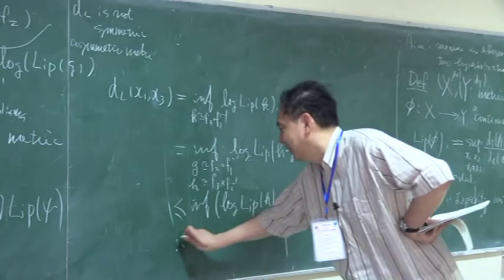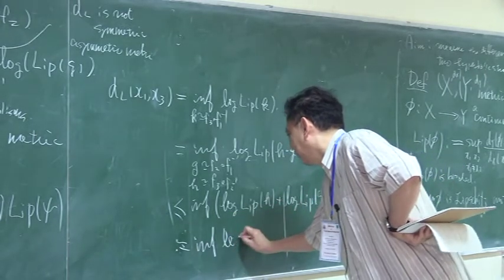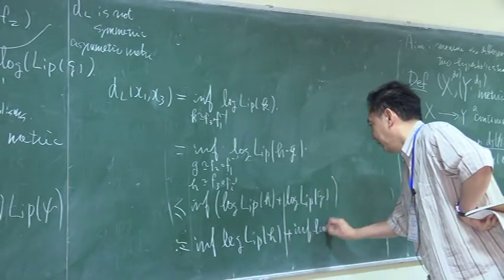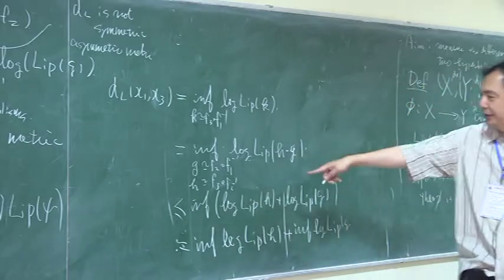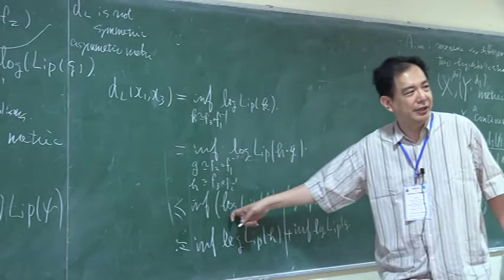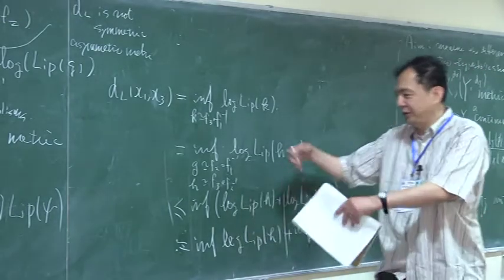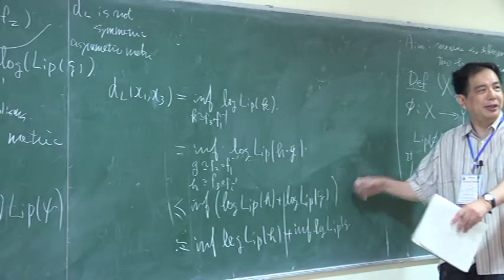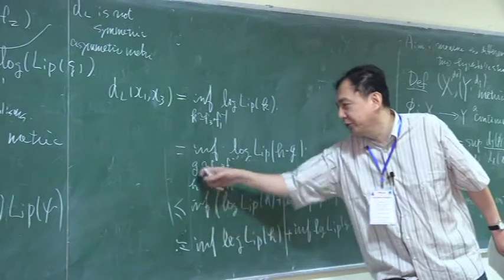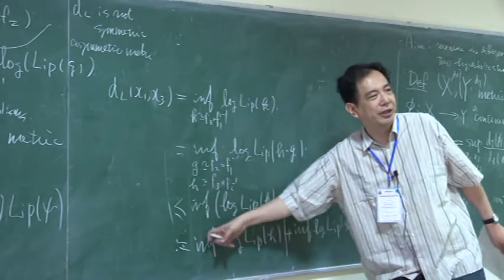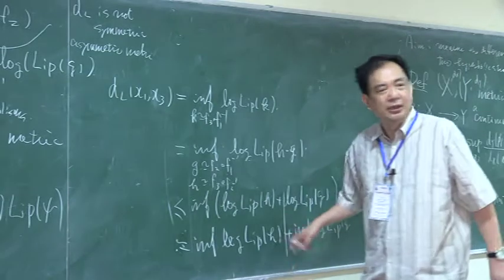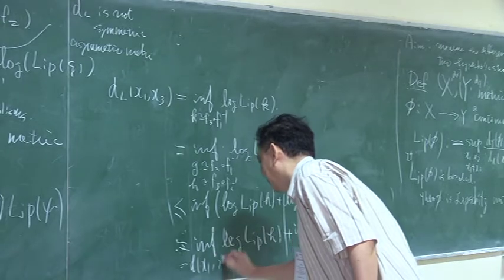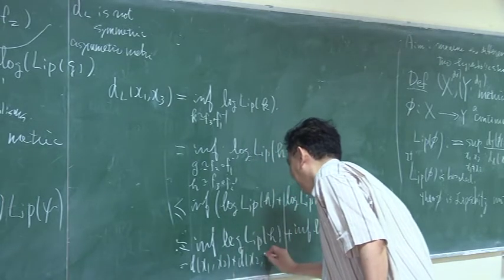So this is equal to the inf of log Lip H plus the inf of log Lip G. In general, the inf of a sum is bounded from below by the sum of the infs, but here these two move independently, so the infimum is the same, and you have such equality. So this should be d(x1, x2) plus d(x2, x3).